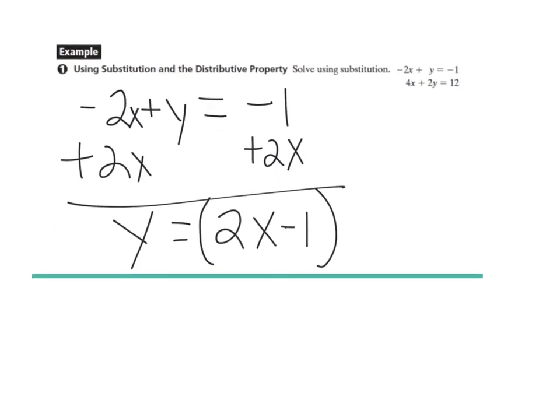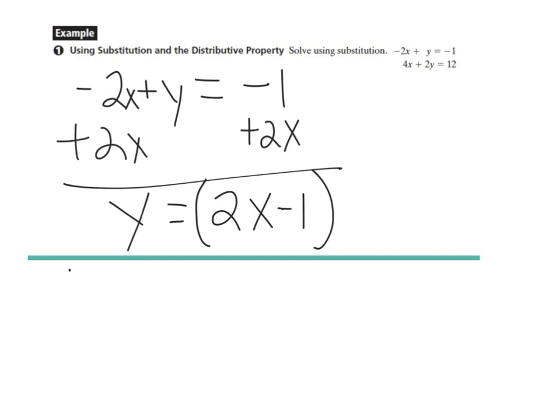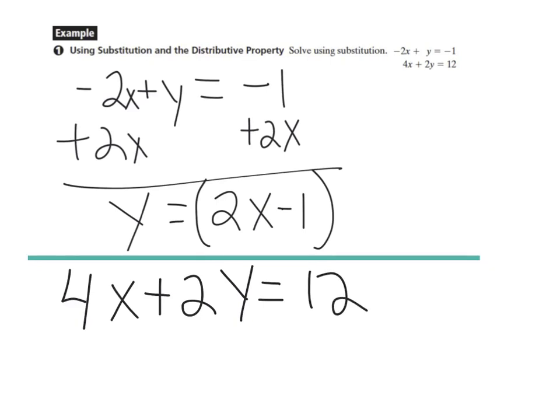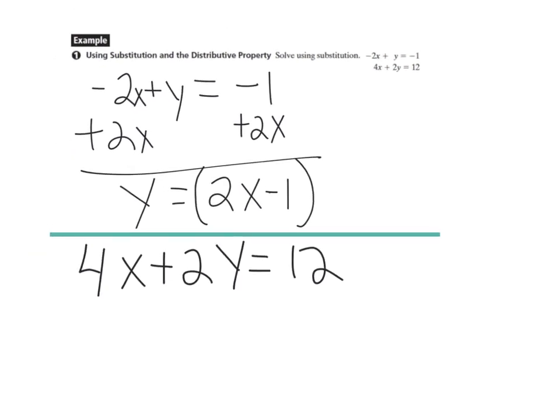So we're now going to take that second equation, 4x plus 2y equals 12, and anywhere I see y, we're going to substitute in the 2x minus 1.